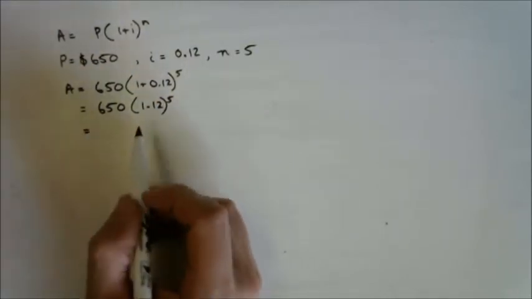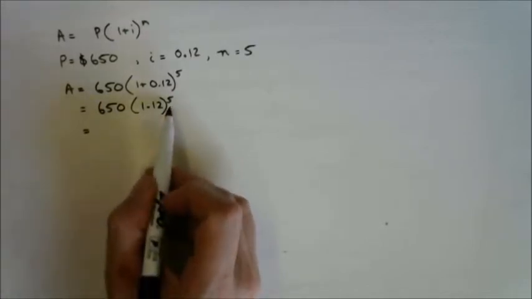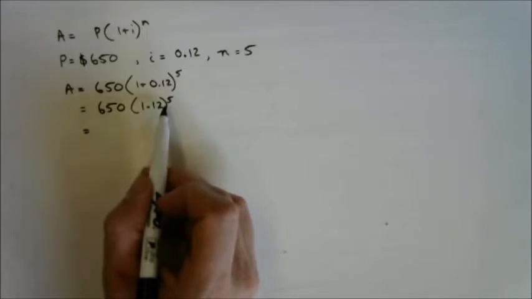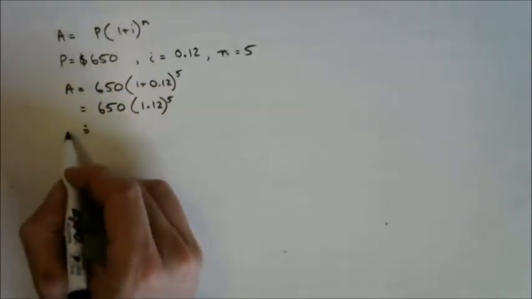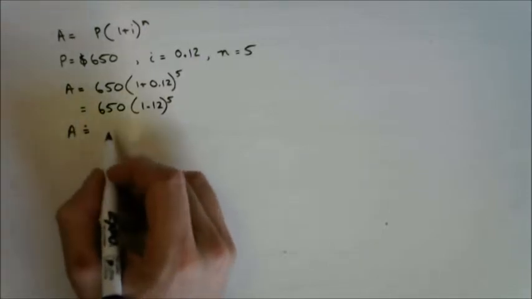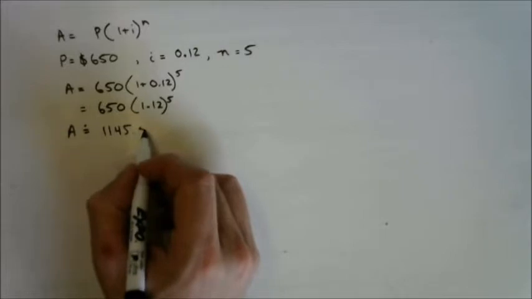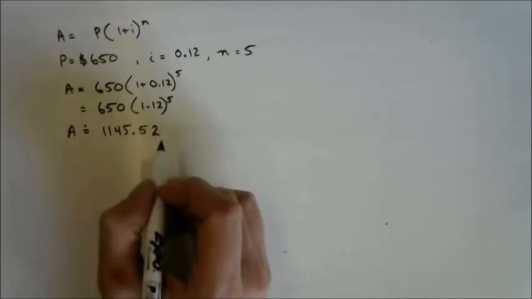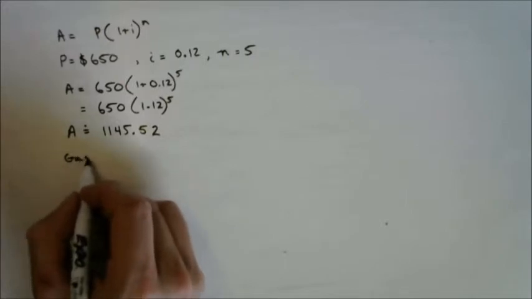And then in my calculator, probably the fastest way to do this is 1.12 to the power of 5, and then multiply that number by 650. And because we're talking about money, we're going to use 2 decimal places. Nice.